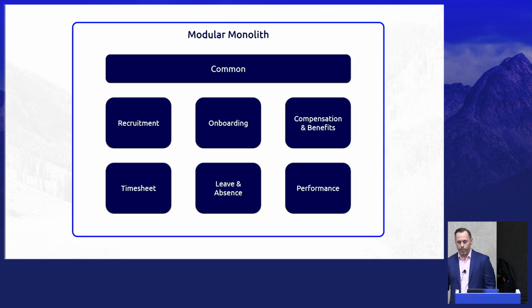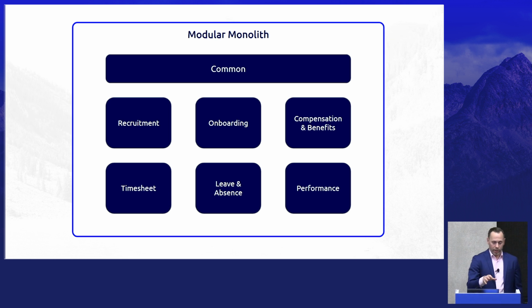So here's an example of a modular monolith. This is an HR app. At the top, you'll see the common module, which might have model elements like, let's say, the employee record type. You might have tasks, notifications, reference data, a bunch of stuff.